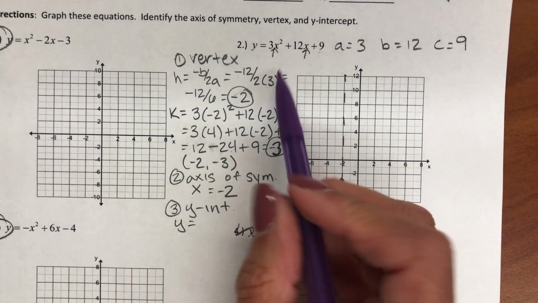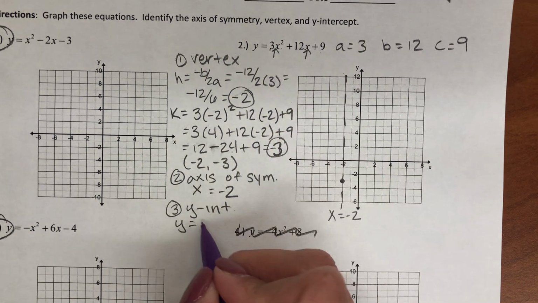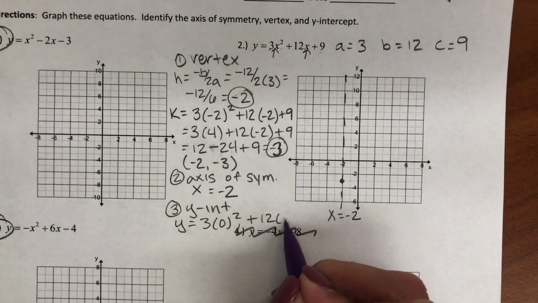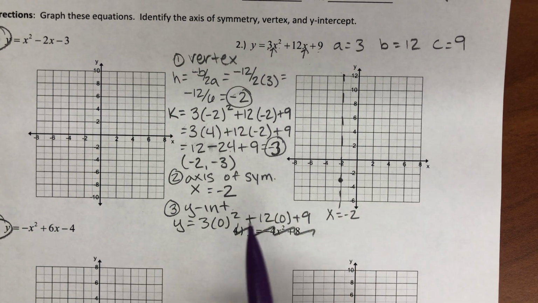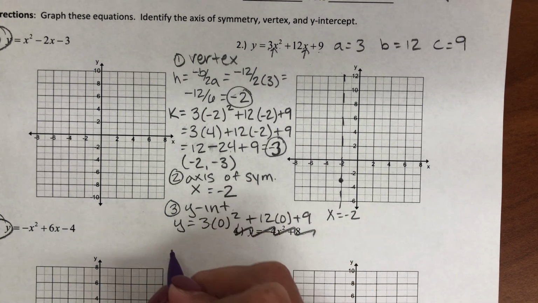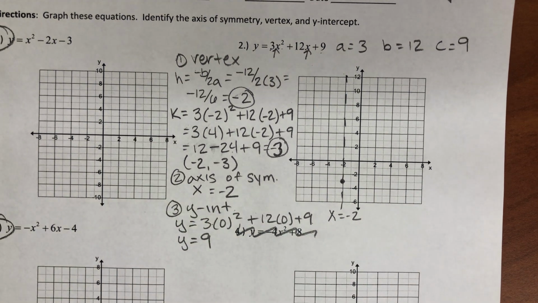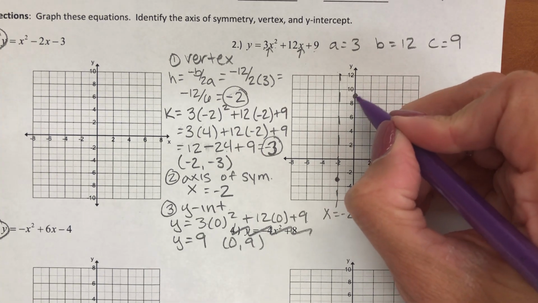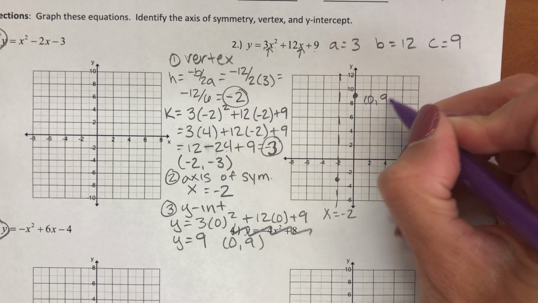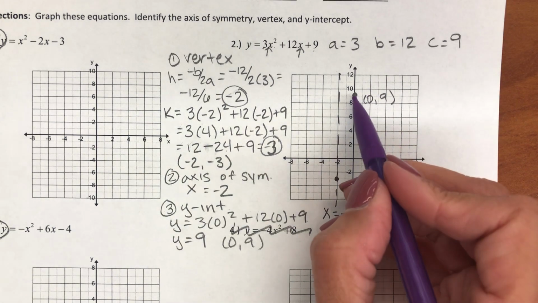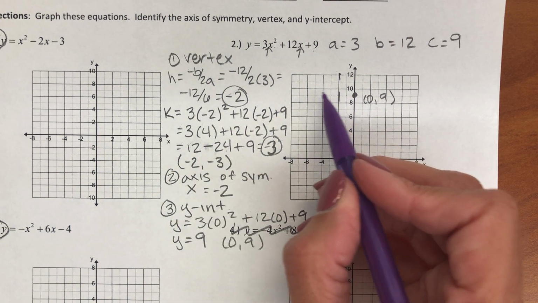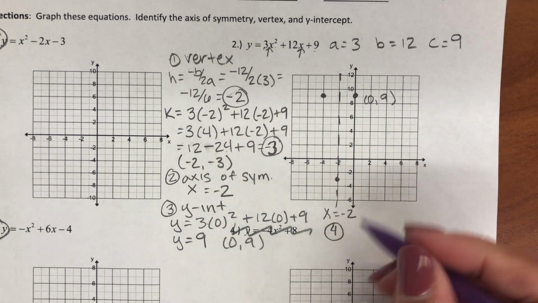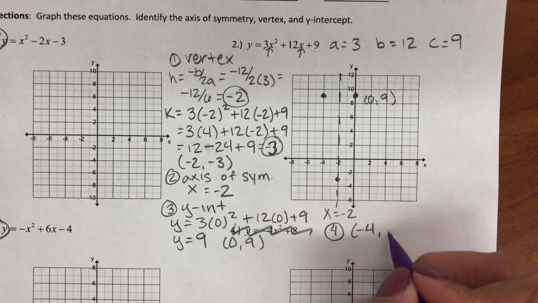So y equals 3 times 0 squared plus 12 times 0 plus 9. So that's 0 plus 0 plus 9 is 9. So the point is (0, 9). I'll plot that. (0, 9) right there. And then I'll reflect it. 1, 2, 1, 2. So that's step 4. My reflection point is (-4, 9).